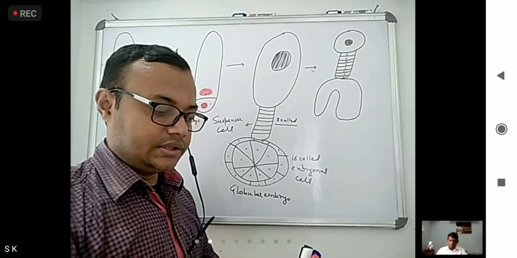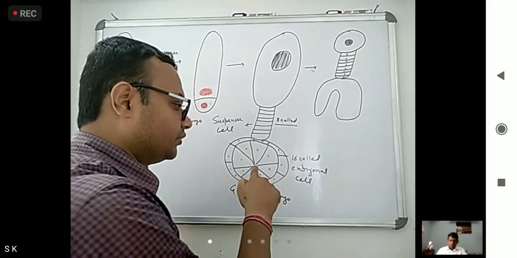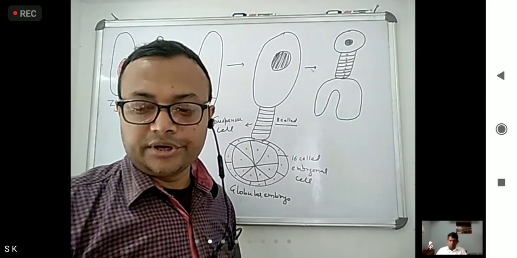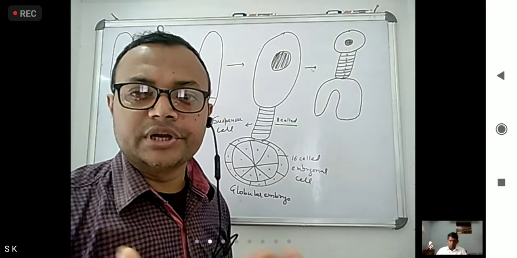And this becomes 32. Here what happens? 16. Now it becomes 32 celled stage.